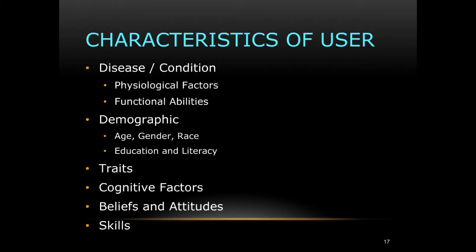We also then thought about characteristics of the demographics, age, gender, race, their education and health literacy. We thought about some of the cognitive factors, their beliefs, attitudes, and skills. Once again, for us, it was a matter of figuring out a way to try and engage and make an intervention that was relevant to what we saw as a relatively high-risk group, adolescents and young adults with spinal cord injury.